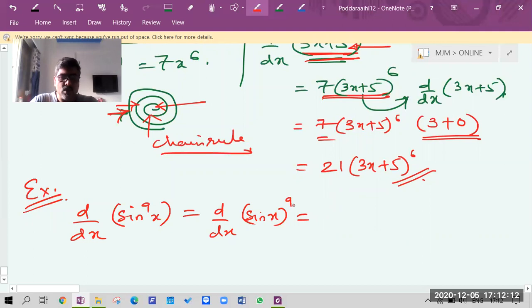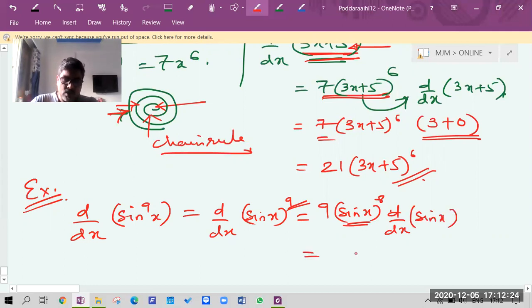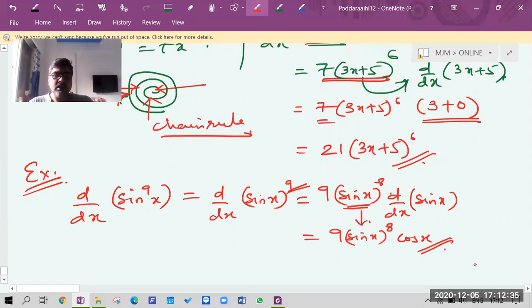The very first thing, you attack the outside function, that is 9. So 9 into (sine x) raised to 8 into the derivative of sine x. That's your next step. You go inside there. So 9 (sine x) raised to 8 will remain as it is. The derivative of sine x becomes cos x, and that's your answer.